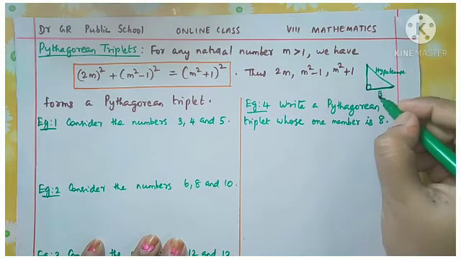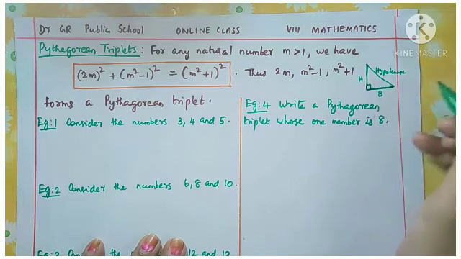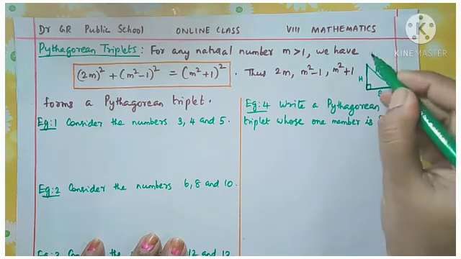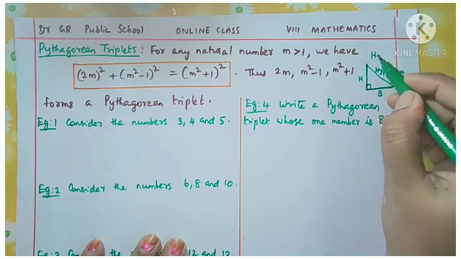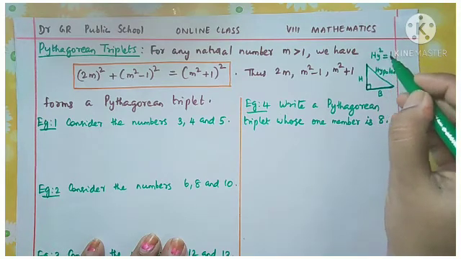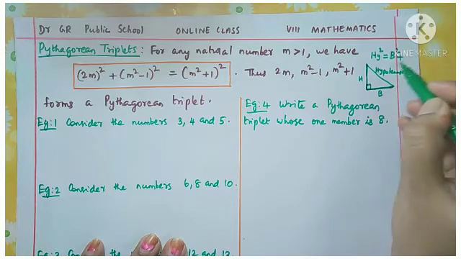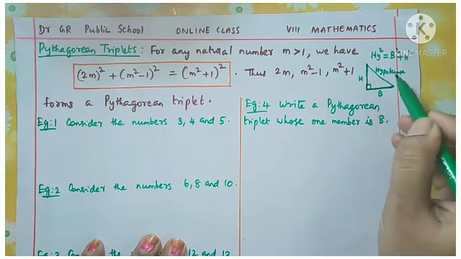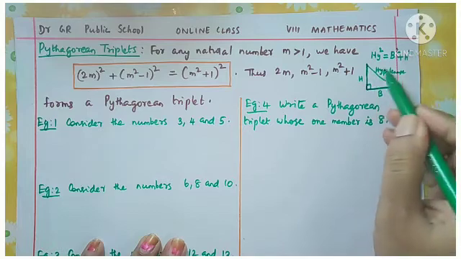In the Pythagoras theorem you studied hypotenuse square is equal to base square plus altitude square.